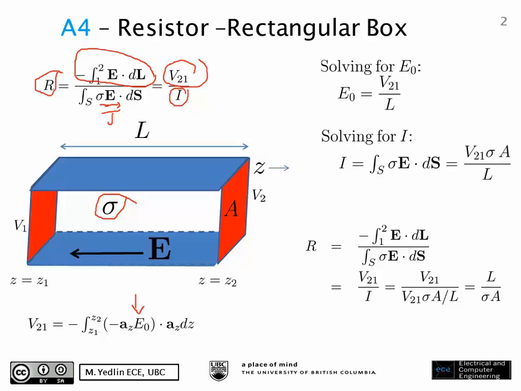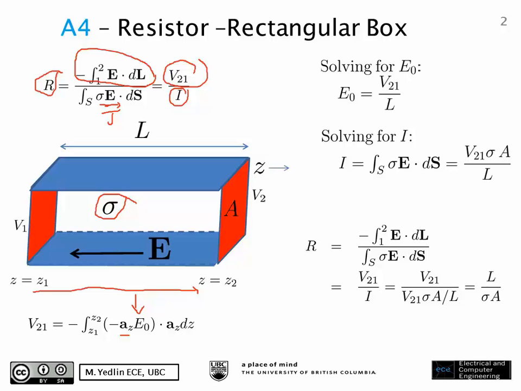You can see that it's pointing in the negative z direction, and it's uniform, so E0 is a constant. We just substitute into the formula for the potential, take the dot product, and integrate against the field, going from Z1 to Z2, which is a distance L in the figure, and this is a simple integral to do.